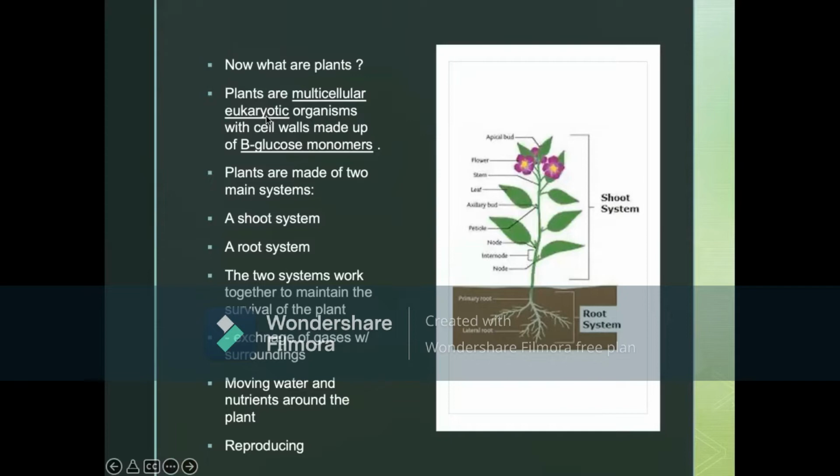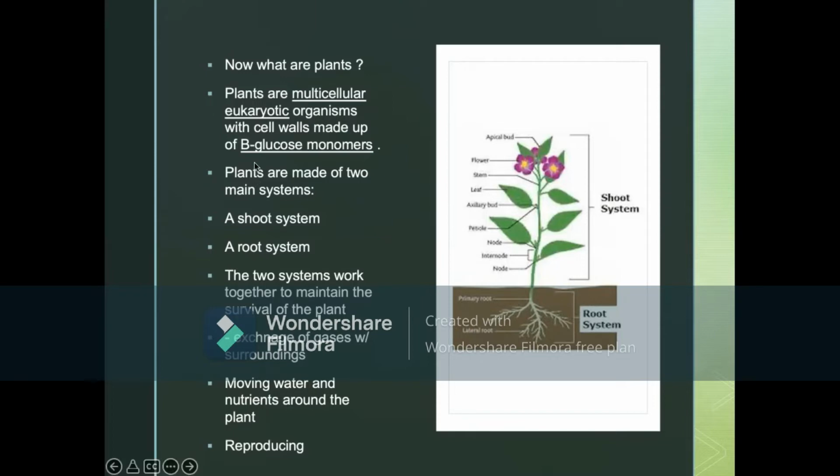The plants are further distinguished from other organisms by the presence of cell walls, which is also distinguished by the building block, the monomer beta-glucose.